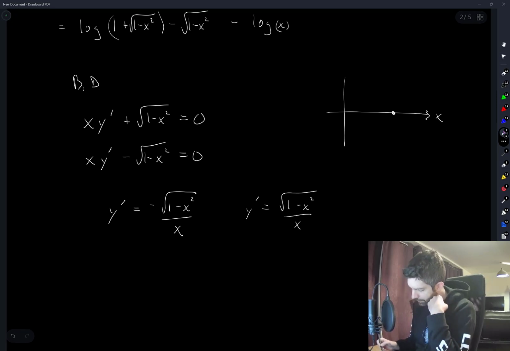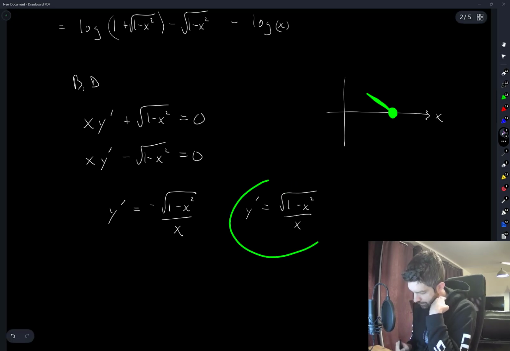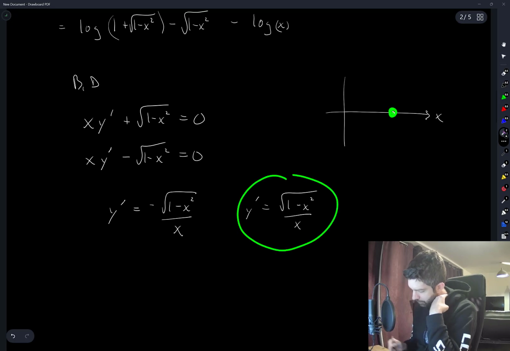Like the derivative has to be negative here. It has to be decreasing into this point 1, 0. So that can't possibly be true, right? Because this will always be positive.